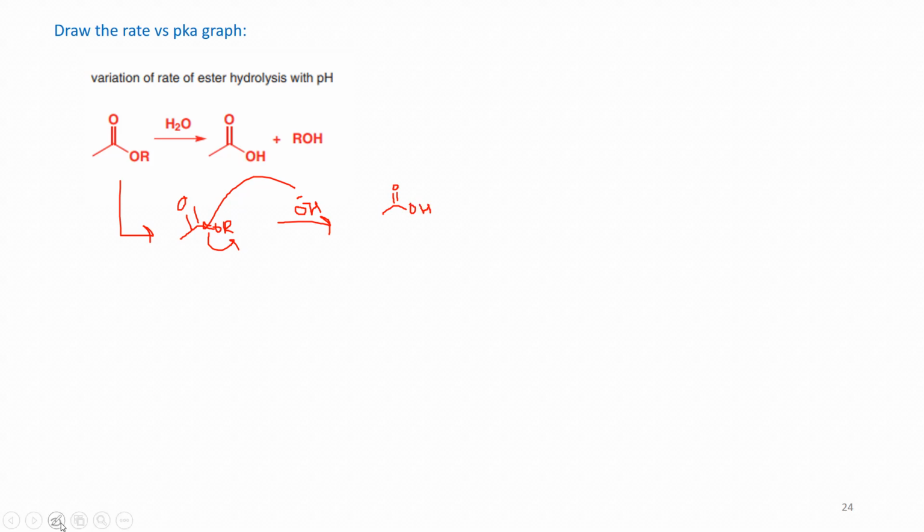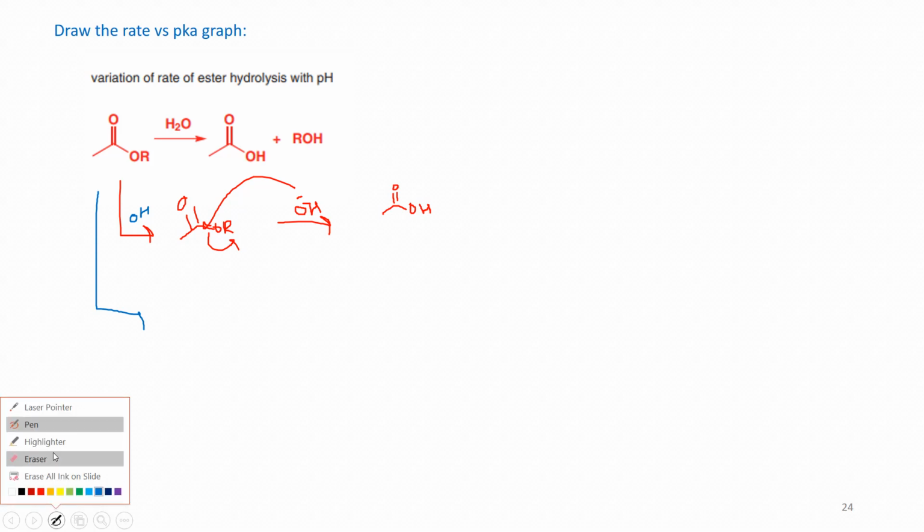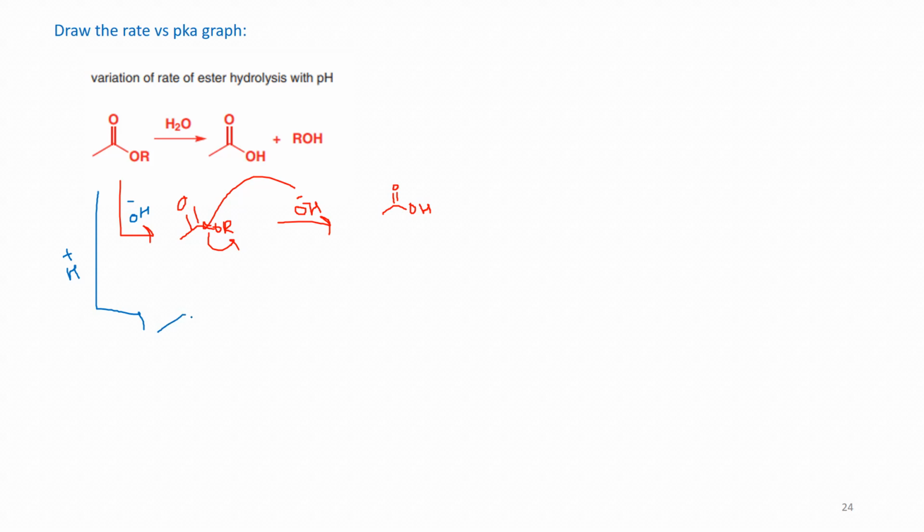Now another probability is if the reaction is acid catalyzed. So what will happen in the case of acid catalysis? This will get protonated.